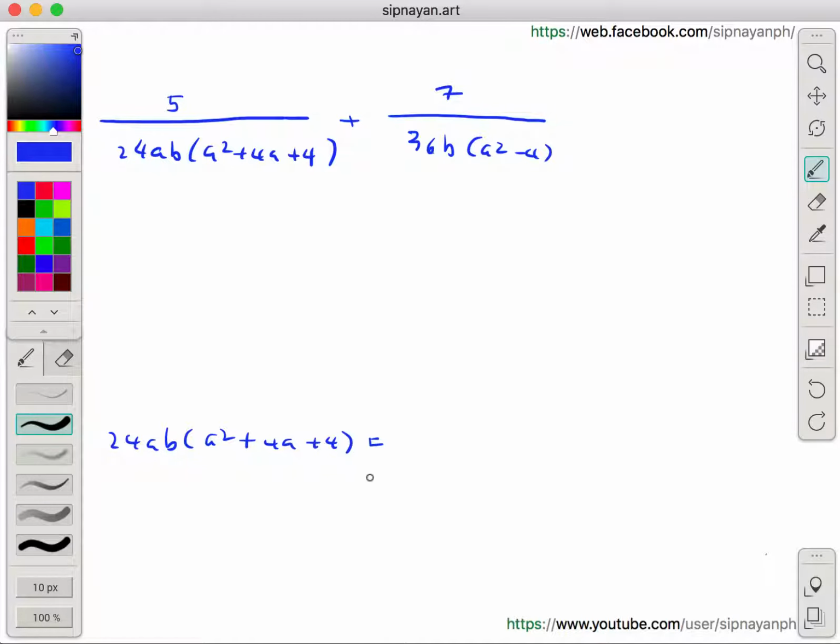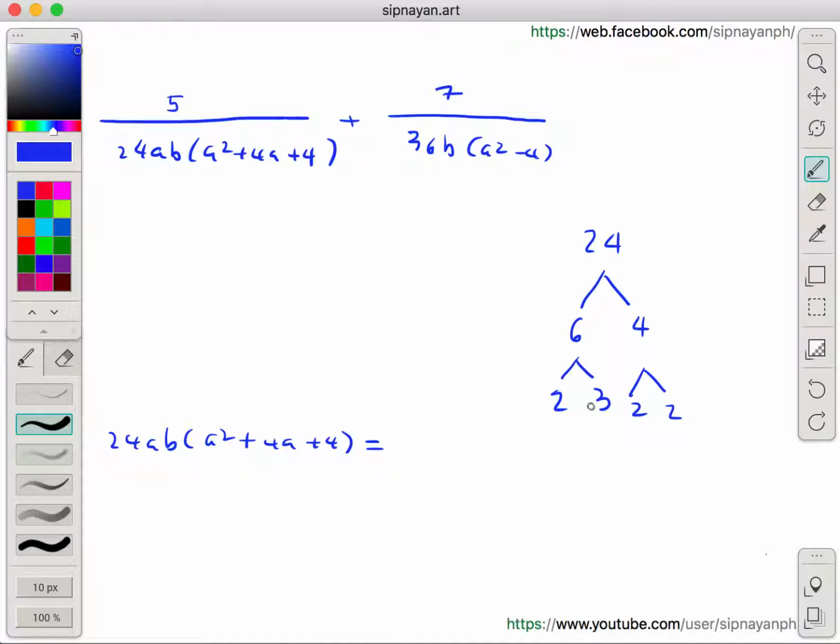Unahin natin yung 24. Ang gagawin natin sa mga numbers is kukunin natin yung prime factorization. So, ang 24 natin ay pwede natin siyang i-express as product of 6 and 4. 6 times 4 is 24. And then yung 6, pwedeng 2 times 3. And then yung 4 ay pwede ring 2 times 2.